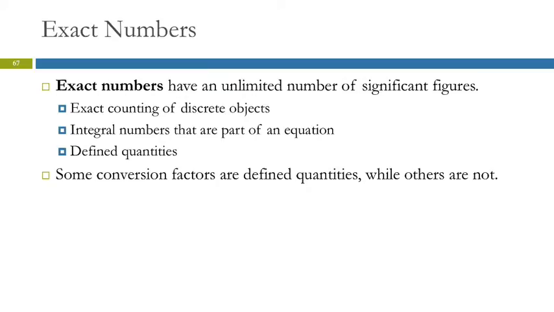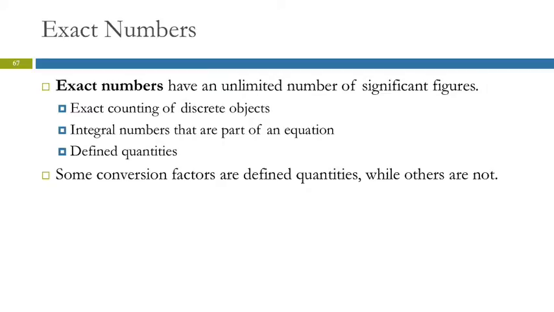It's exactly 2 fingers. I could write as many zeros as I want. That would get really tedious, though, wouldn't it? So we don't write the zeros because it would go on forever, but we have to understand that when we're counting discrete objects, it's an exact number.